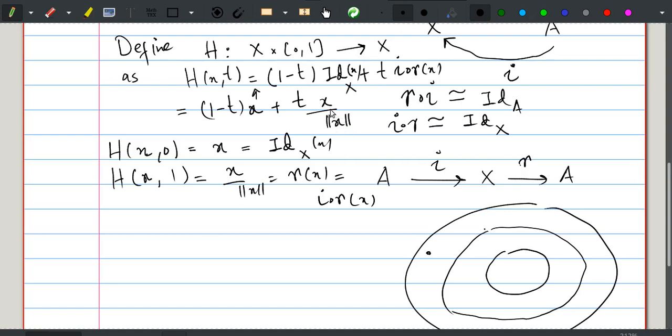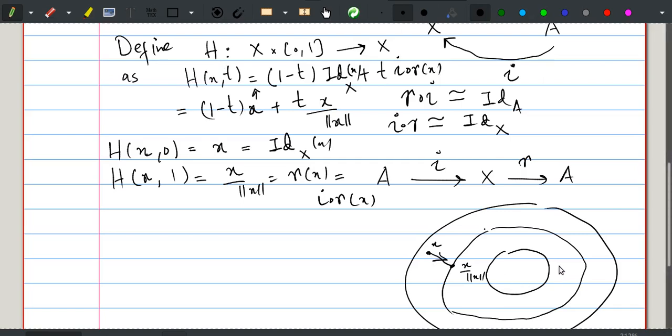Now certainly this point x over norm x will lie somewhere on, so suppose this is point x here, so this point will lie on the circle here. So this is x over norm x. So what does this homotopy do? It takes this point to this point like this.